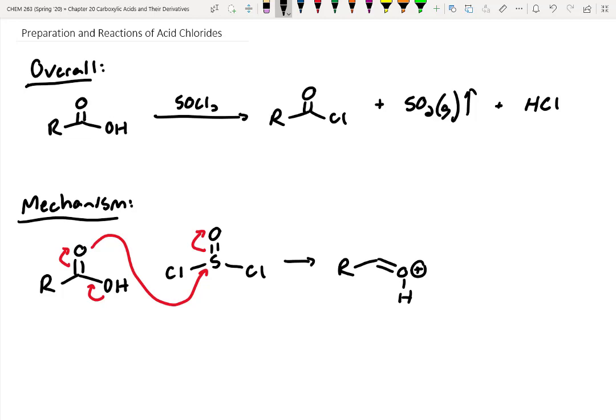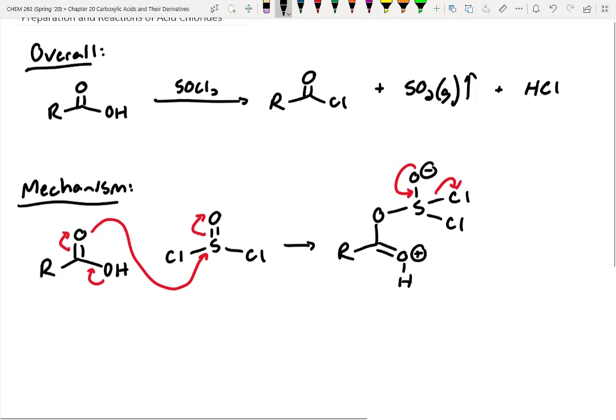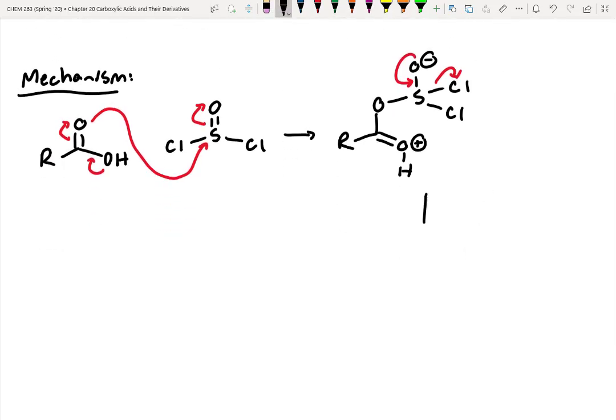The oxygen down here now has a double bond. The oxygen over here is attached to the sulfur, and the sulfur still has 2 chlorines attached onto it. All right, in the next step, we can kick off one of these chlorines. So let's go ahead and draw this next intermediate down here.